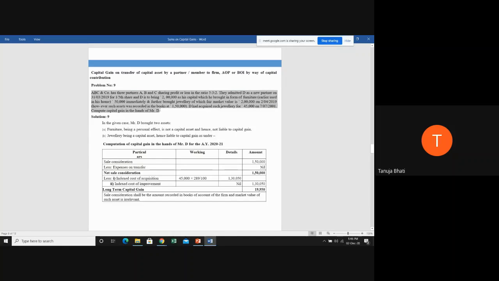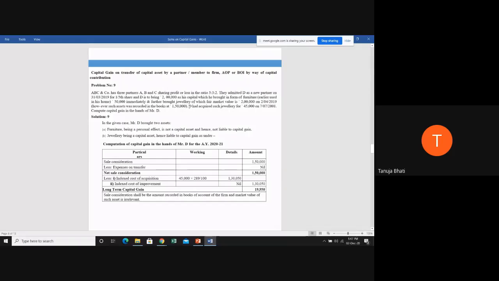Let me explain the problem if you have not understood. ABC were three partners. They were admitting a new partner, that is D, and D was to bring his capital. In the entire capital of 2 lakh, furniture worth rupees 50,000 was his personal furniture, and jewelry he was supposed to bring worth rupees 2 lakh. 1,50,000 was recorded in the books for the jewelry, and 2 lakh was the fair market value.